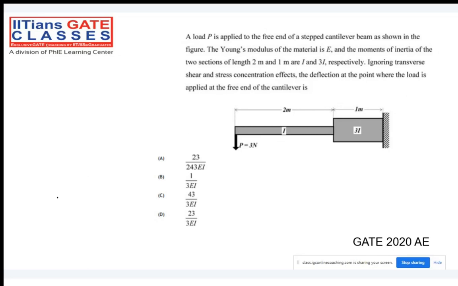So, all of you are getting the answer as third one. Yes, so 43 by 3i, that is the correct answer, right? 43 divided by 3i, that is the correct answer.